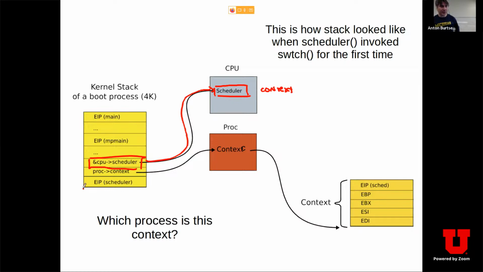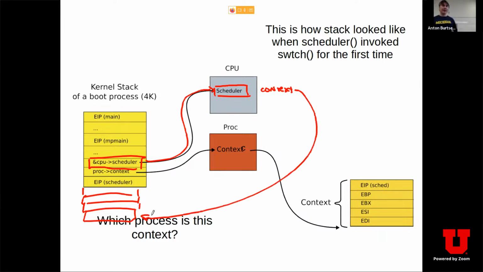And so essentially you will save these 4 registers inside the switch function and update this field. And the second argument is the pointer to the context field inside the process you're switching to. And this pointer essentially points to the top of a process stack right here, right? So this is the kernel stack, right?